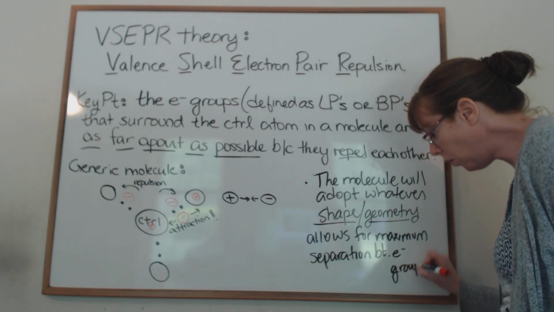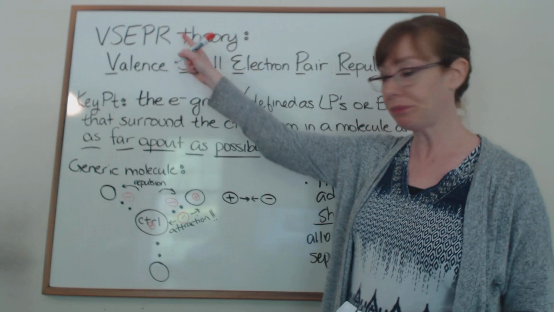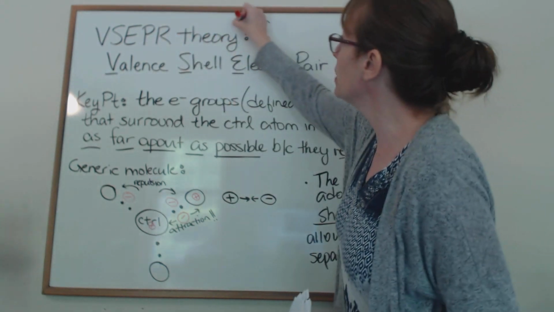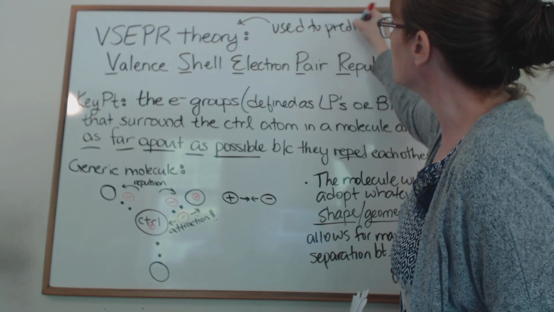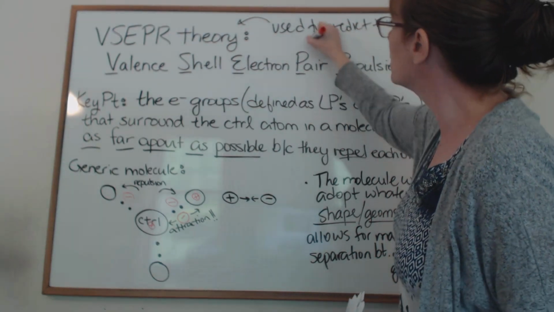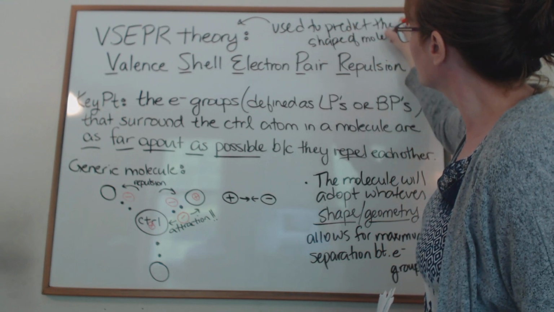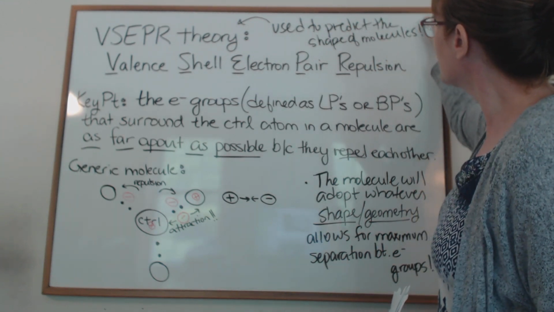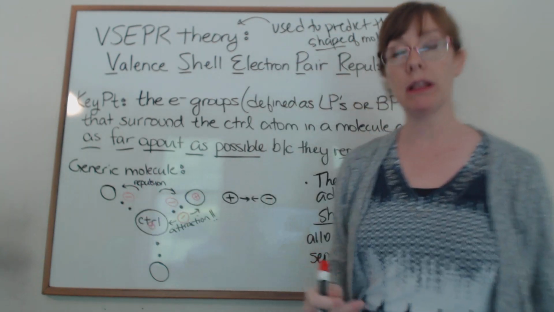And that's the whole concept behind VSEPR theory. That's why VSEPR theory is used to predict the shape of molecules, because it relies on this concept of getting maximum separation from the electron groups.